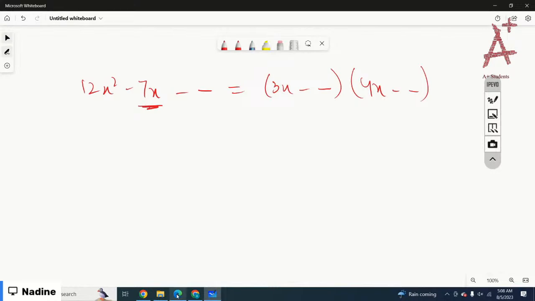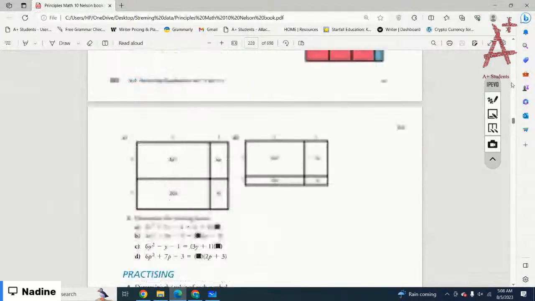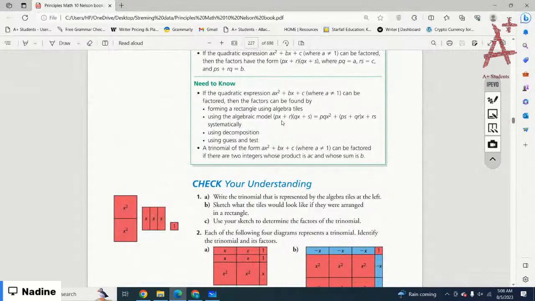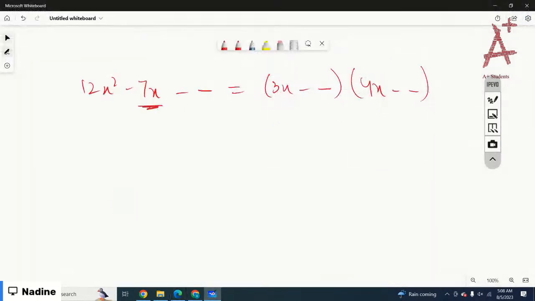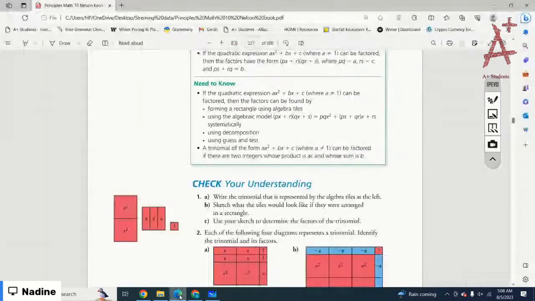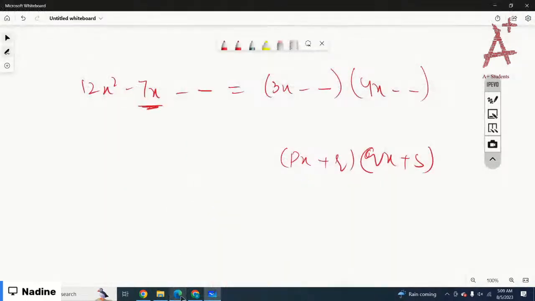The factors of this are px plus r and qx plus s. pq equals a, rs equals c, and ps plus rq equals b.